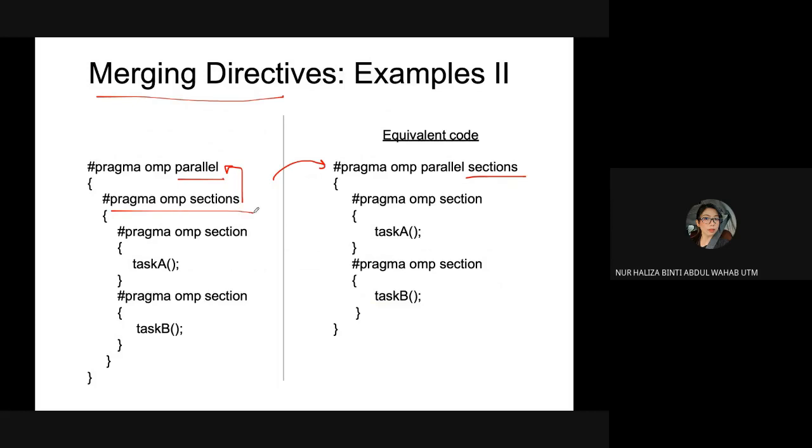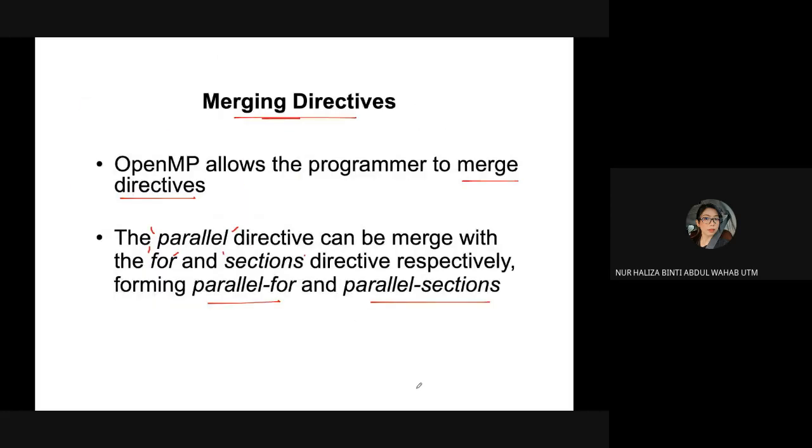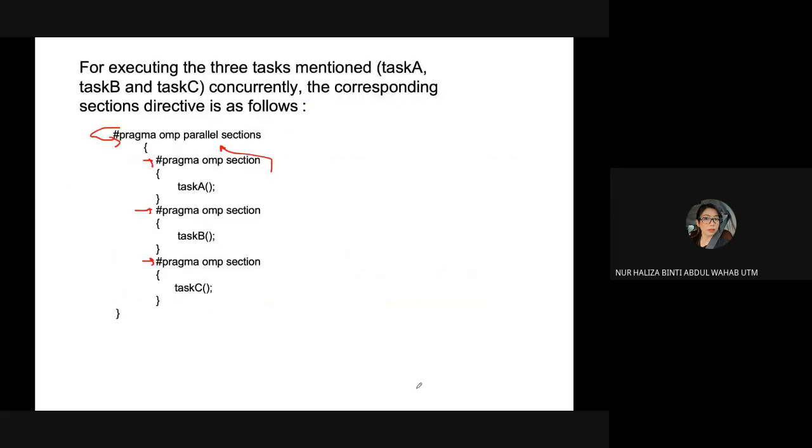After this, you're going to combine these children together with your parent. Now you have your pragma omp section, task A, task B, task C, and so on. That is the merging directive.